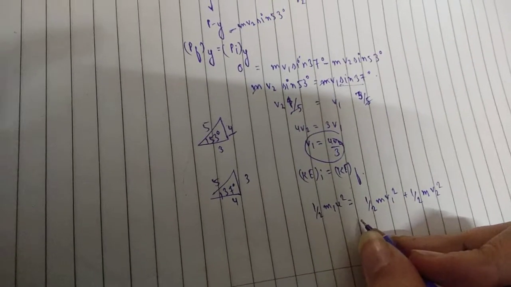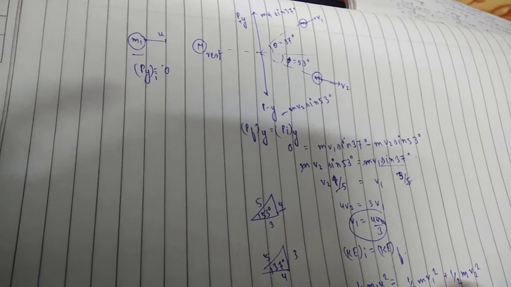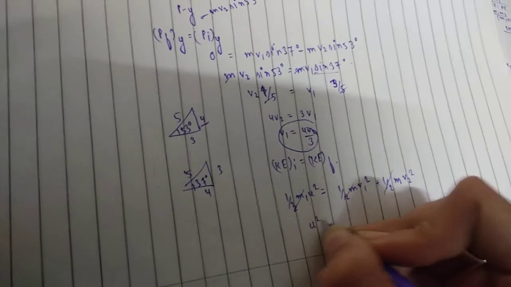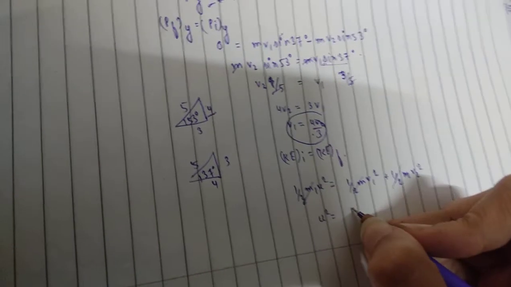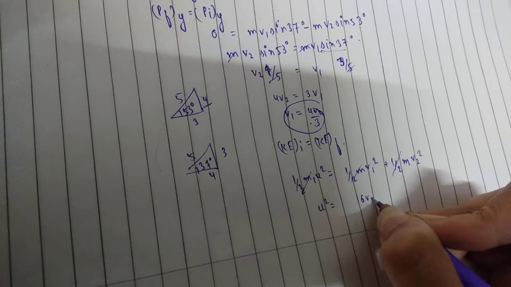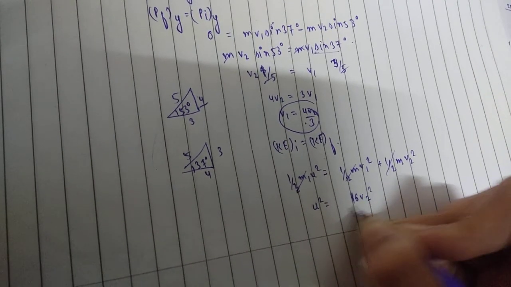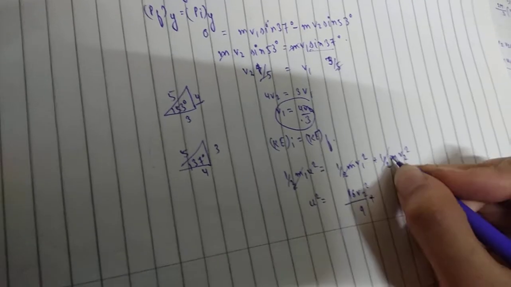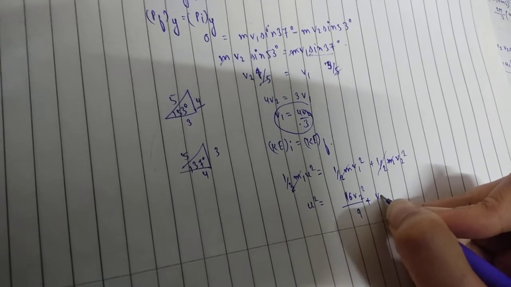Now I can see the masses are the same, so I can cancel. From here I can write u square is equal to v1, which is 4v2 by 3, so 16 v2 square by 9, plus v2 square, as m gets cancelled.